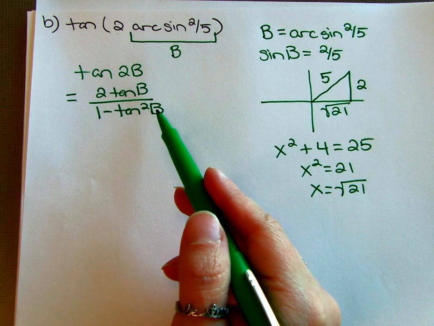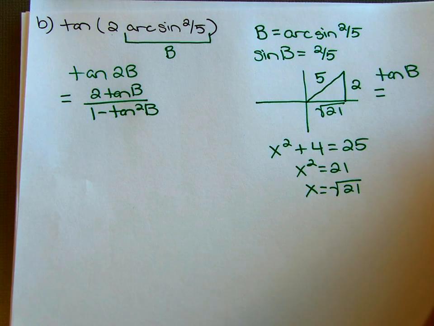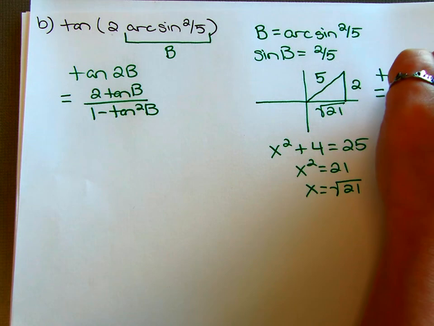Tangent of b is going to be what over what? X, Y, R, what over what? Y over X. So it's 2 over square root of 21.